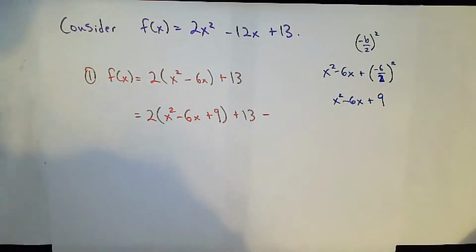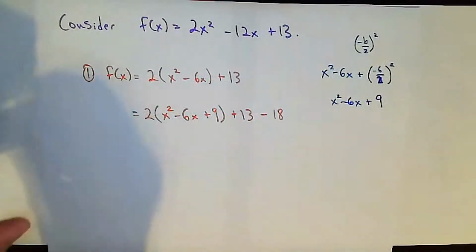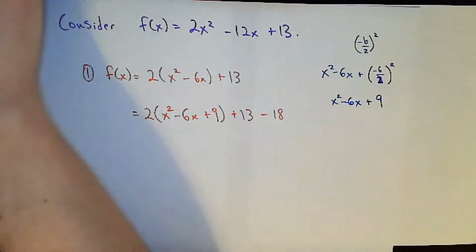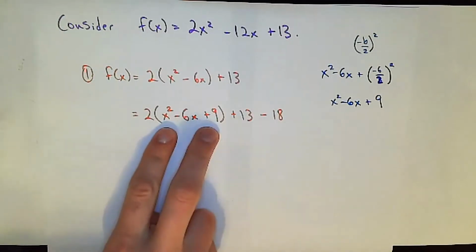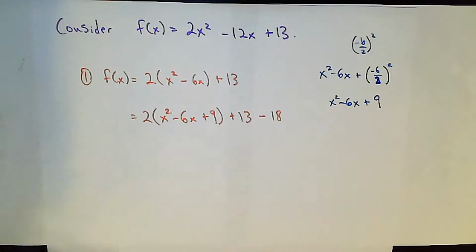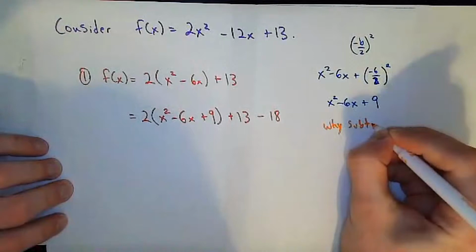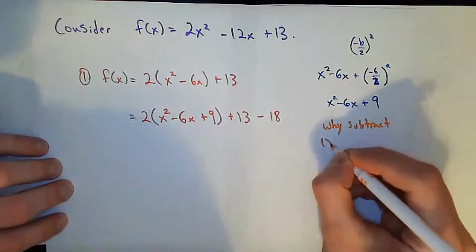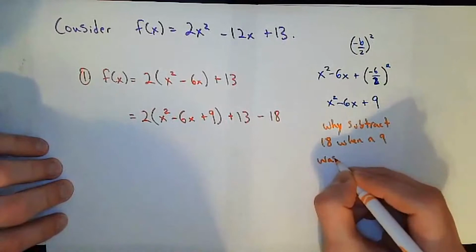If I truly want to bring balance to this, I need to subtract 18. Why? Because the 9 I added is buried inside the parentheses that is all being multiplied by a 2. So why subtract 18 when a 9 was added?